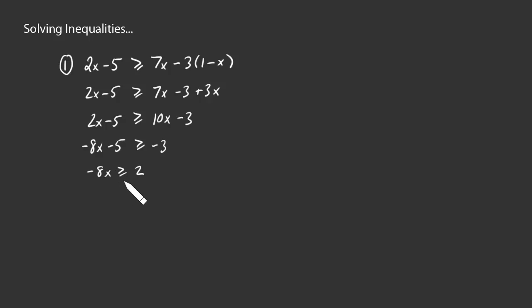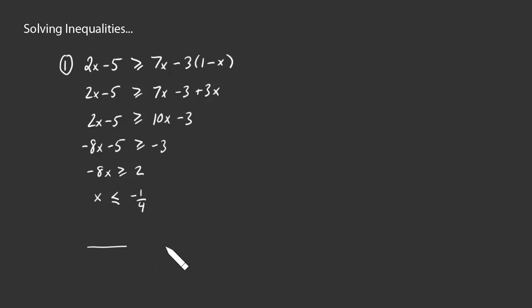I need to reverse the inequality symbol. So multiplying by negative 1/8 here will give me x on the left. We'll get negative 1/4 on the right after we reduce the fraction, but this will be less than or equal to. Okay, so don't forget, if you multiply or divide by a negative, we have to reverse the inequality symbol.